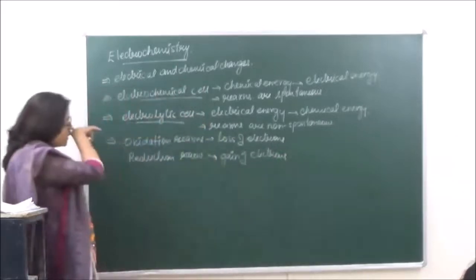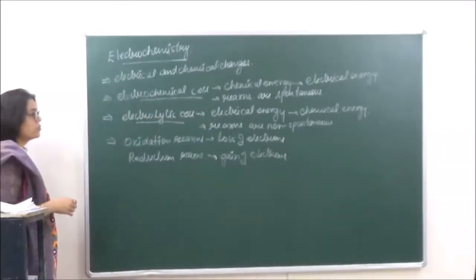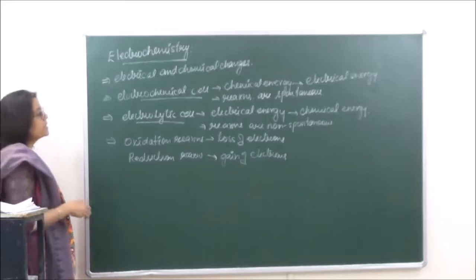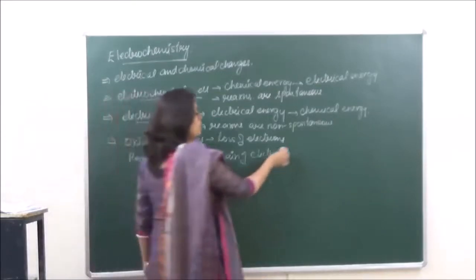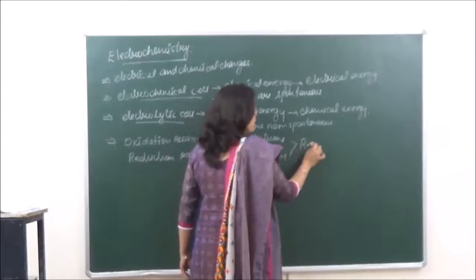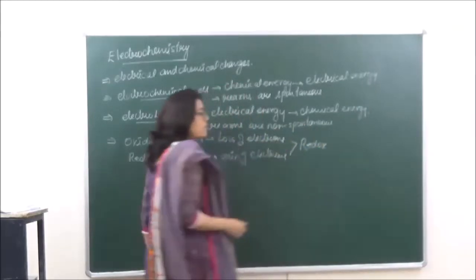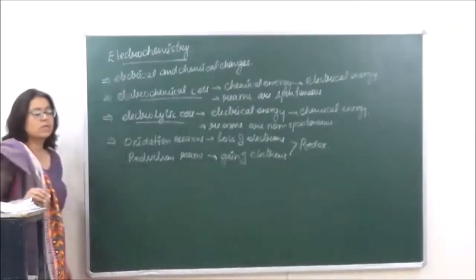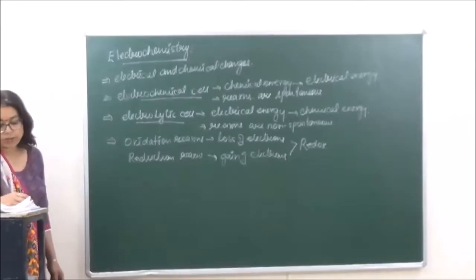Right? So simultaneously, as both the reactions take place, we say that the basis of electrochemistry is redox reactions, in which both oxidation and reduction take place simultaneously.